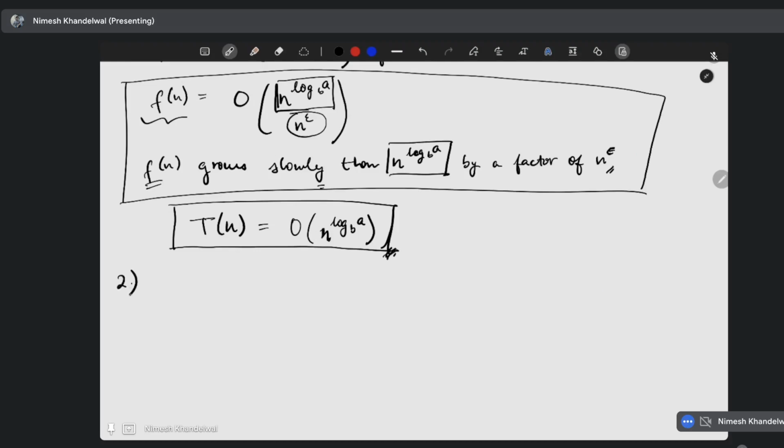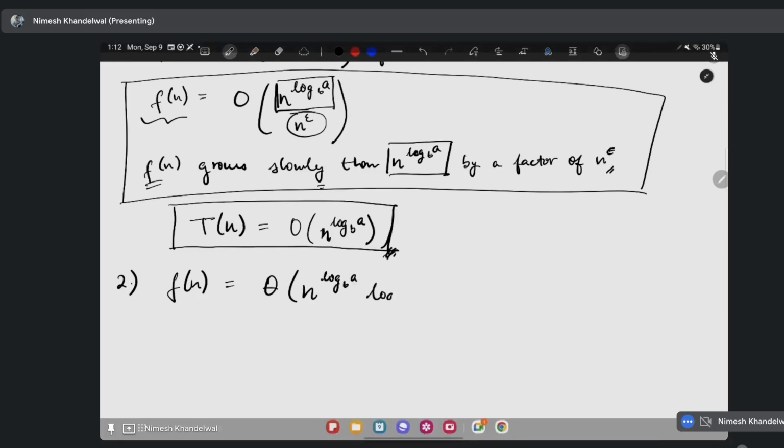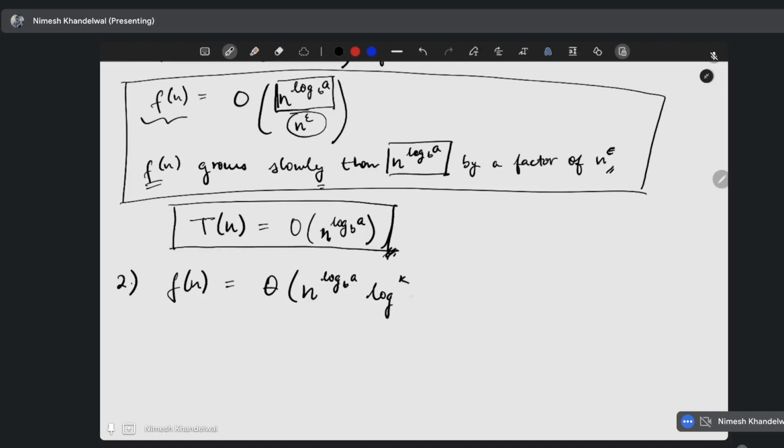The second case is when f of n is theta of n to the power log a base b times log to the power k of n.